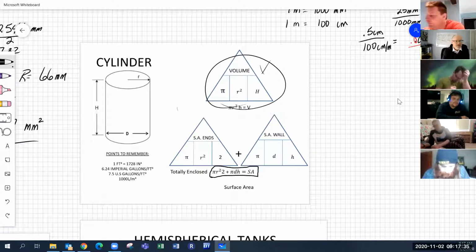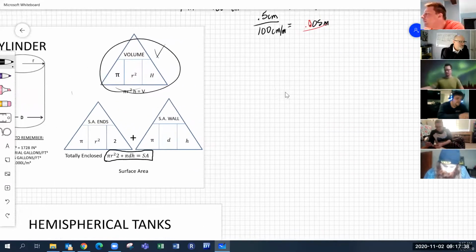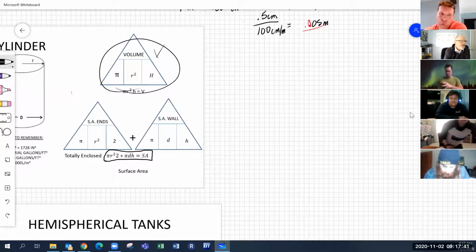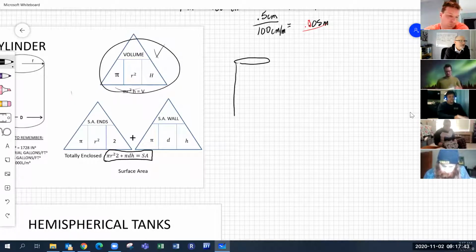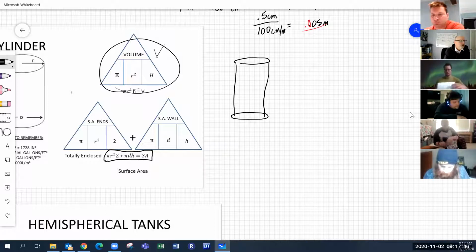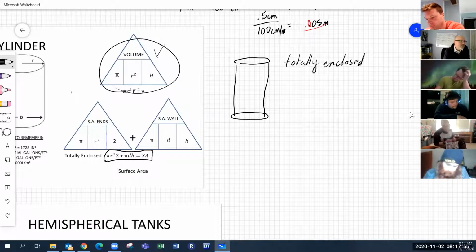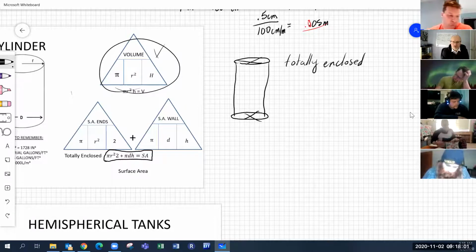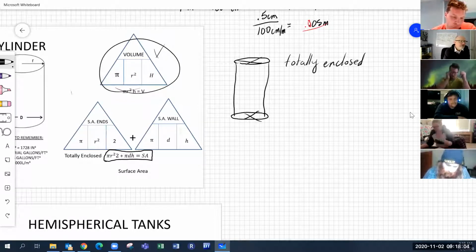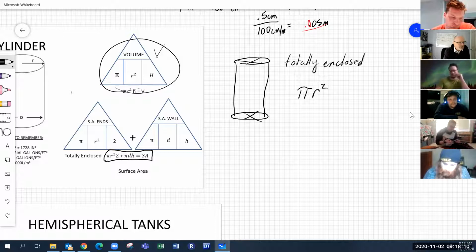So I'm going to start off by giving you a question. I'm going to say I have a pipe, totally enclosed. When I mean totally enclosed, I mean it has a top and a bottom, and it's fully enclosed, okay? So we know the area of a circle is pi r squared. When we say a totally enclosed tank, how many circles then do we have?